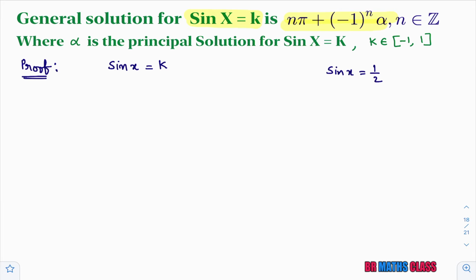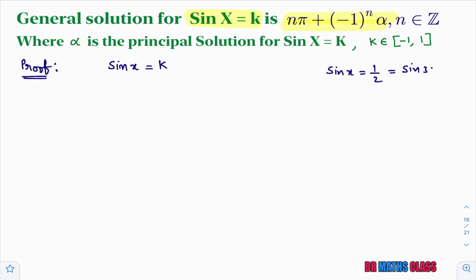For this trigonometric equation, what is the principal solution? We know that sin 30 degrees value is 1 by 2. So, 30 degrees is the principal solution for this trigonometric equation. 30 degrees lies in this interval and satisfies this trigonometric equation. So, here this k can be written as sin 30 degrees.